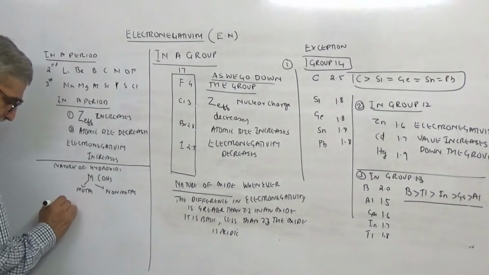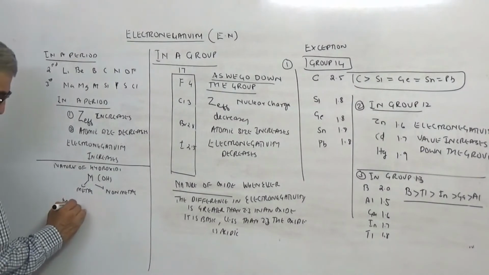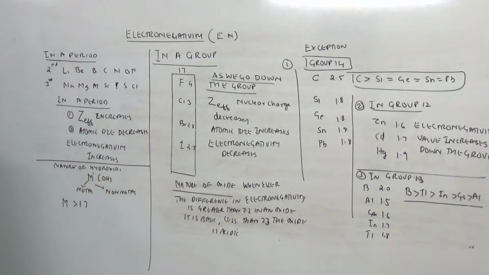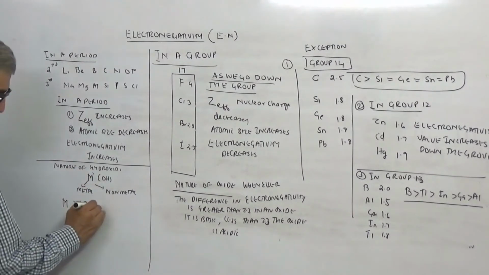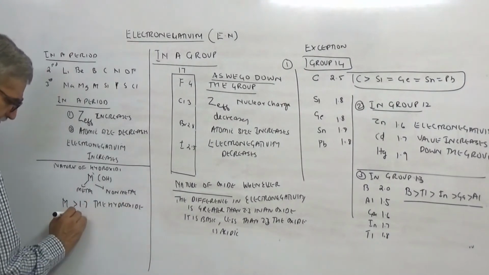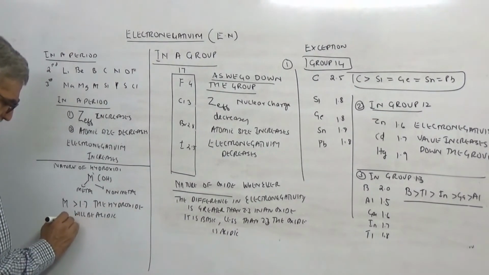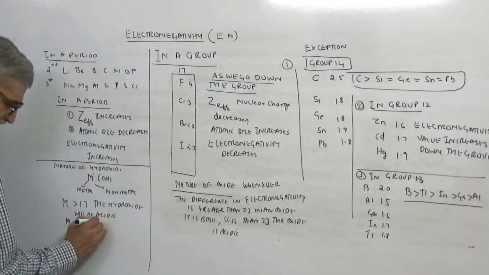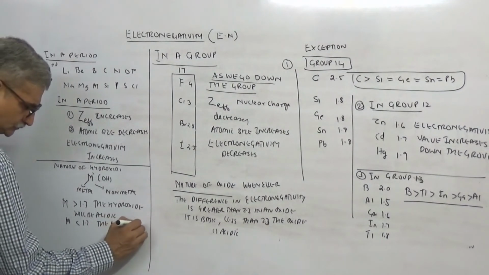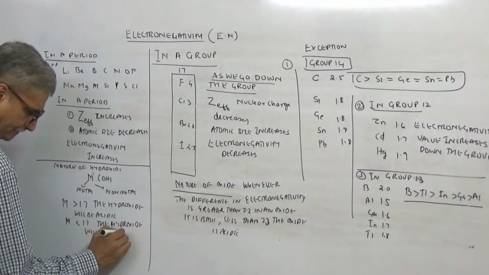If the electronegativity value of M is greater than 1.7, the hydroxide will be acidic, and if M is less than 1.7, the hydroxide will be basic.